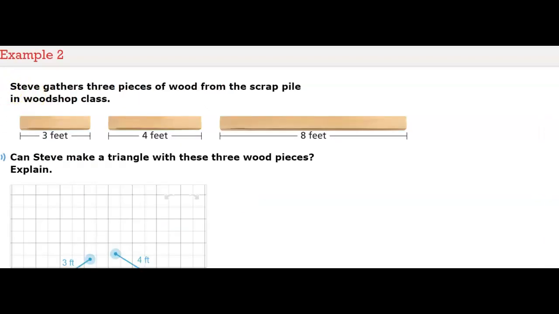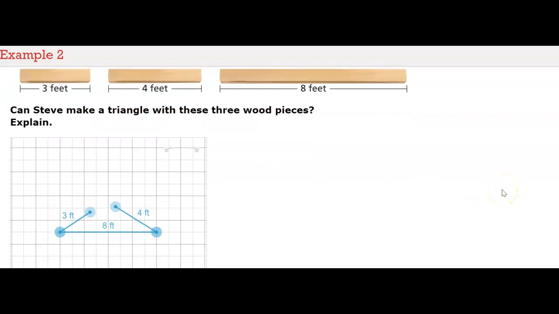Steve gathers 3 pieces of wood from the scrap pile in woodshop class. Can Steve make a triangle with these 3 wood pieces? Explain. So we have here the 3 pieces of wood. They put it together here.